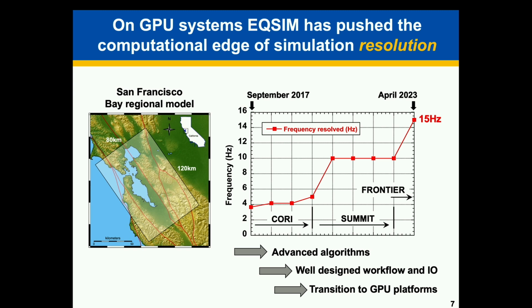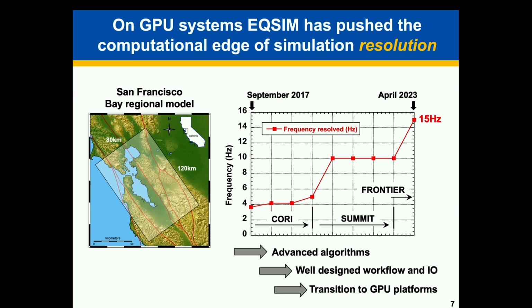Let me just show you some of the results so you get a sense. I'm showing you the frequency increases that we attained. The model on the left was a model of the San Francisco Bay Area that we developed early in the ECP project. DOE judged all of our performance relative to that particular model, so that was our test case, 120 kilometers by 80 kilometers by 30 kilometers in depth. What I'm showing you on the top is the increase in resolution throughout the life of the project.